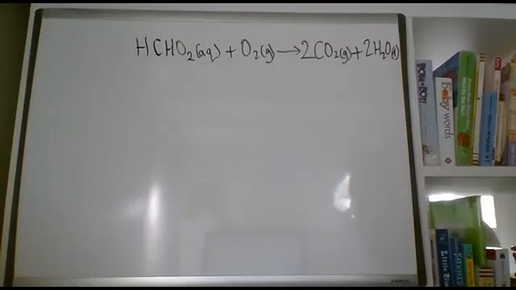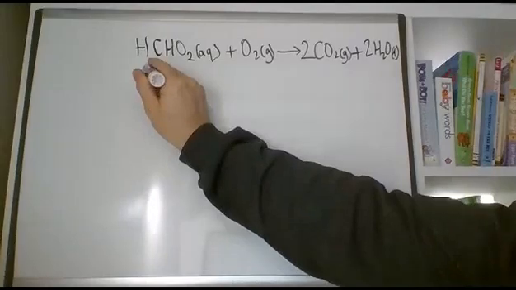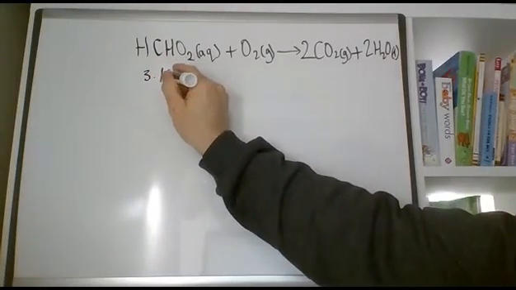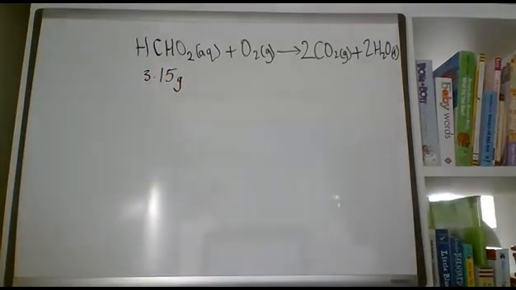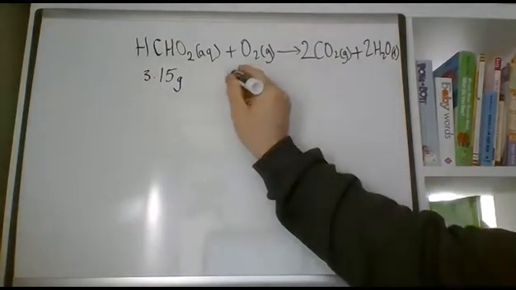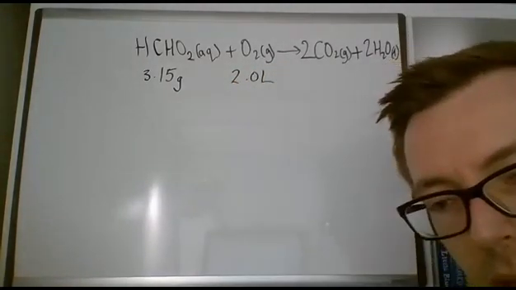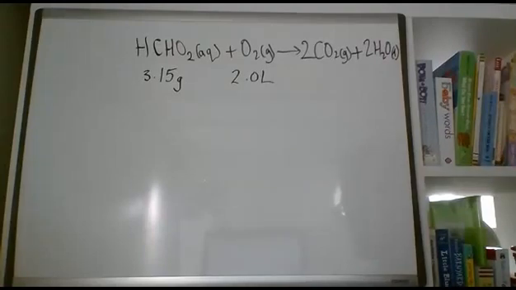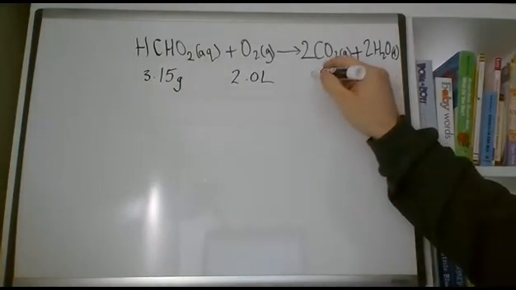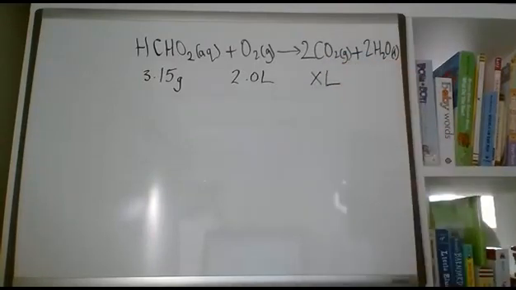The question says we have 3.15 grams of this chemical and we have 2 liters of oxygen. That's unusual. Now we have liters. The question asks us, what's the volume? So here, X liters of CO2.